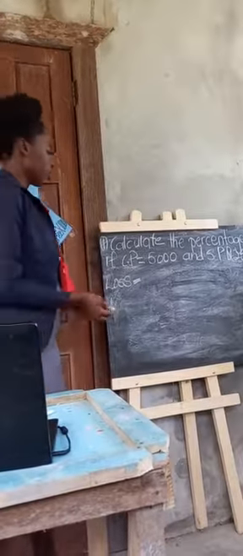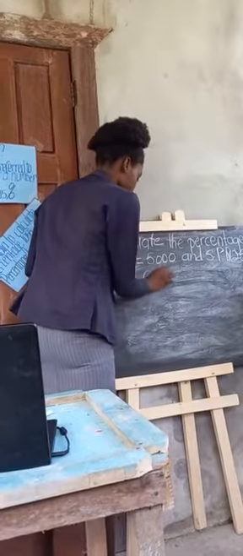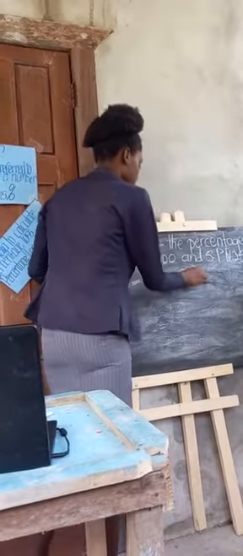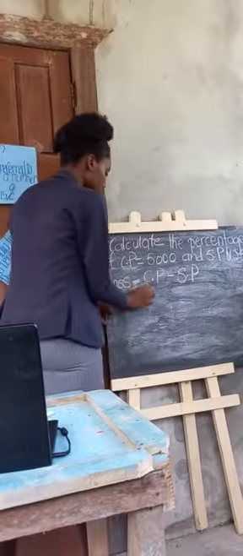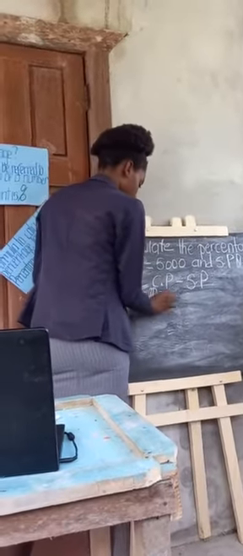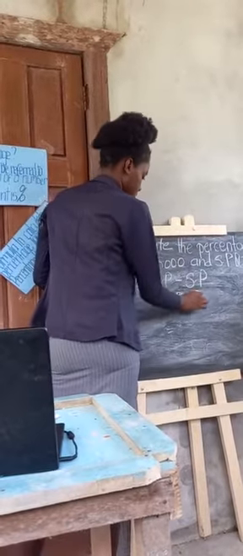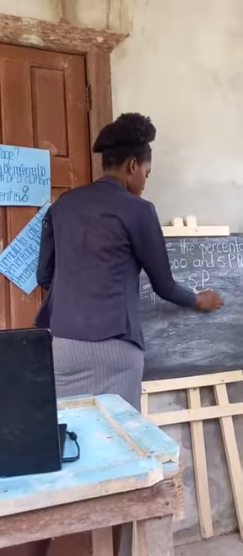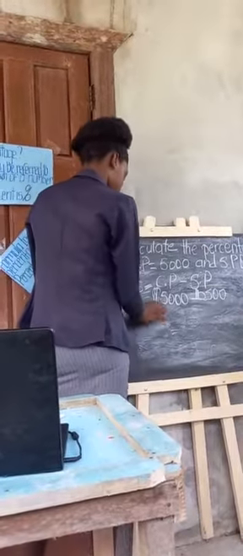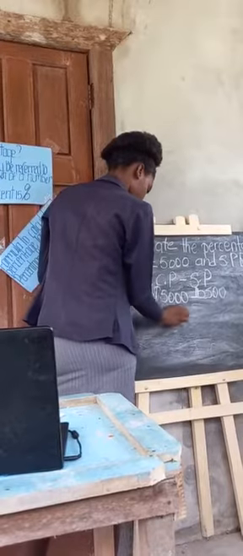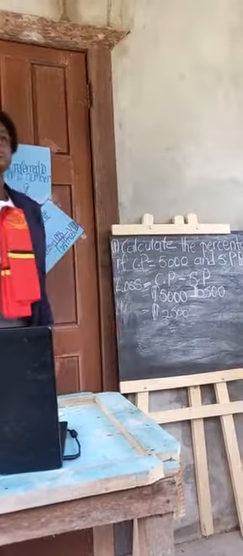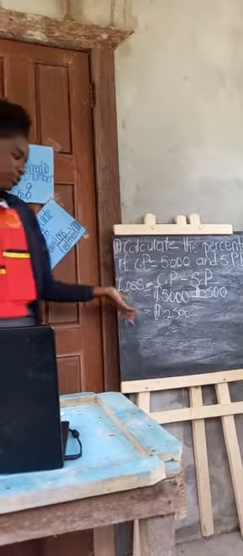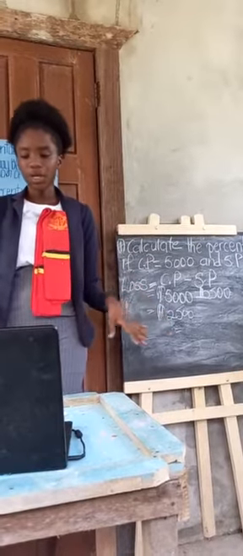And to find loss, it's our cost price minus our selling price. So this person made a loss of 2,500, right?